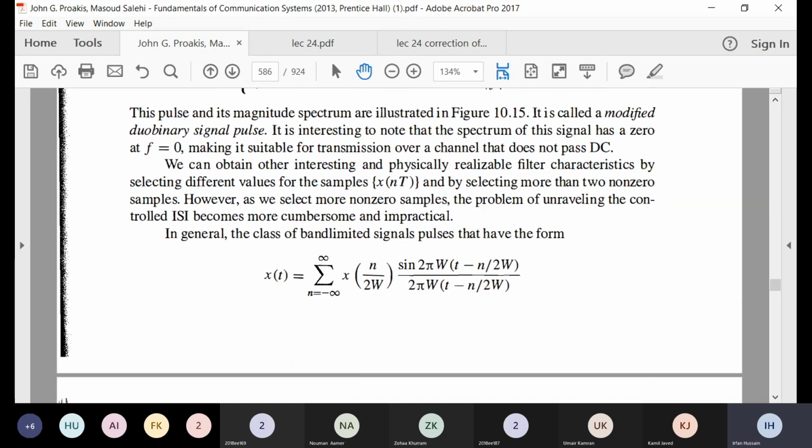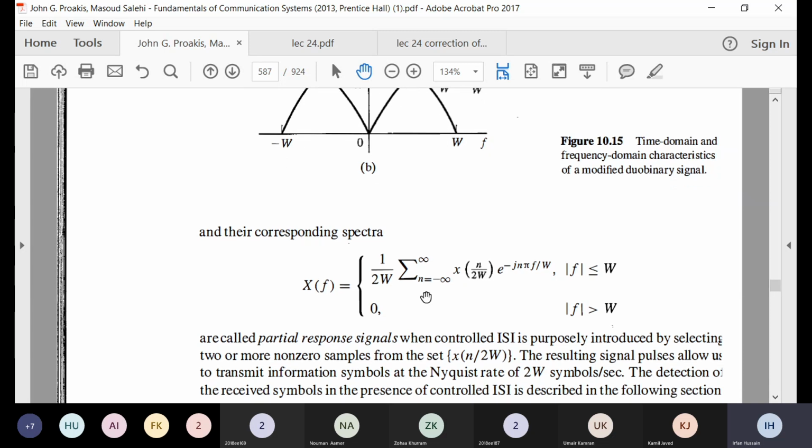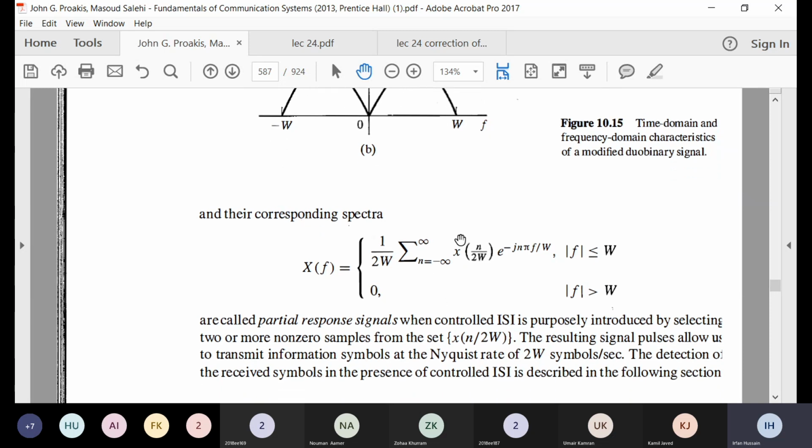This is the general class. You can see you have some of these sincs, as you saw in the proofs. In frequency domain, you have spectra that are shifted.